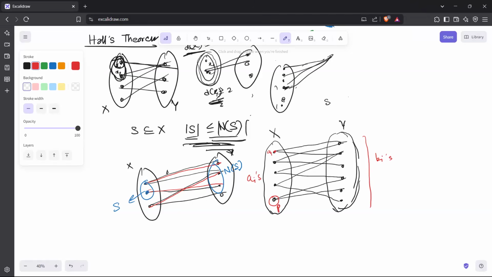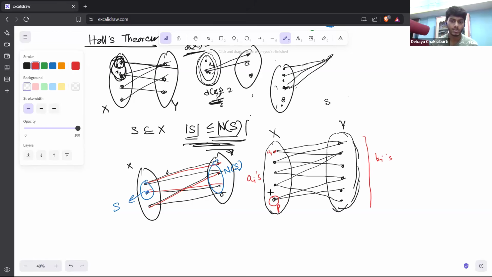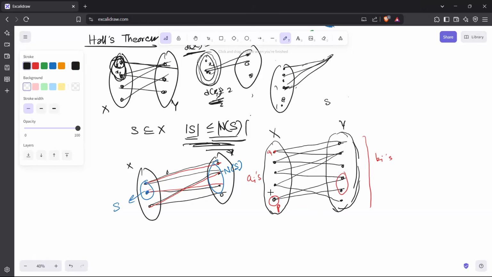P can't match to something that is not in BI, because then that would be a larger matching. Yeah, its neighborhood is already occupied by the AIs.